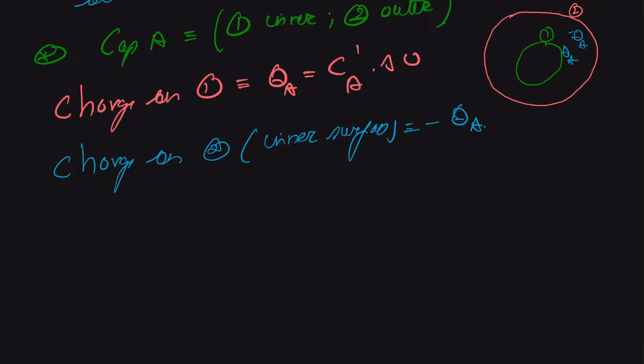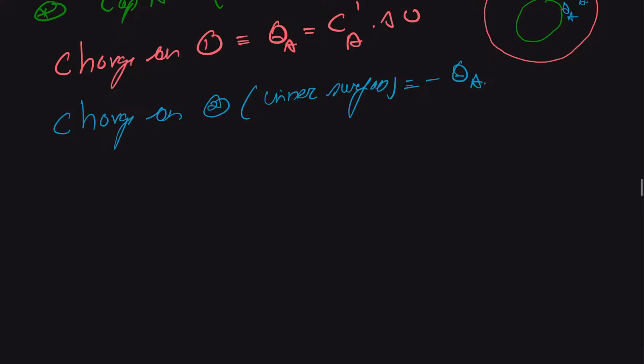Now we come to capacitor B, where shell number 2 is the inner and shell number 3 is the outer.